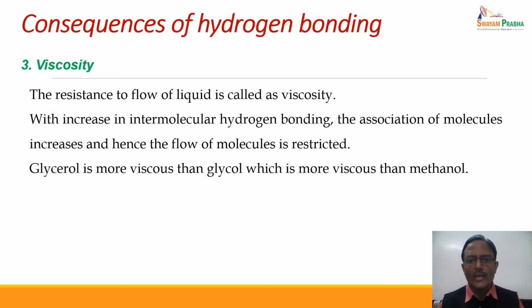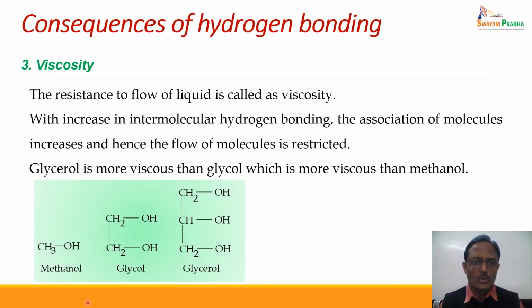Now, if we compare three liquids, methanol, glycol and glycerol, the structures of these three can be shown like this. Methanol has one OH group, glycol has two OH groups, whereas glycerol has three OH groups. When we go from methanol to glycol to glycerol, as the number of OH groups goes on increasing, the hydrogen bonding becomes stronger and stronger.